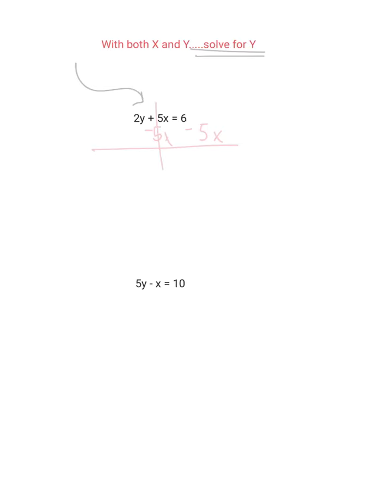Okay, so then I'll be left with 2y equals 6 minus 5x. You can't combine them, they're not like terms. Now my y is almost alone. I have 2 times y, so I'm going to divide both sides by 2. If I divide the left side by 2, everything over here gets divided by 2, both things.